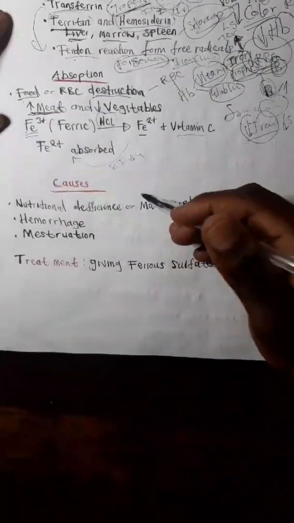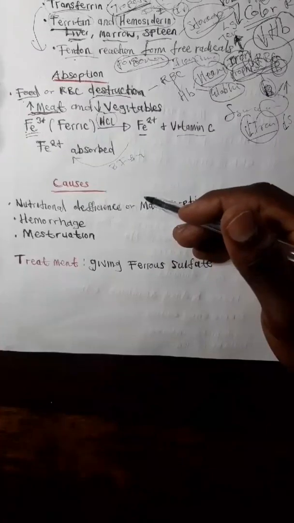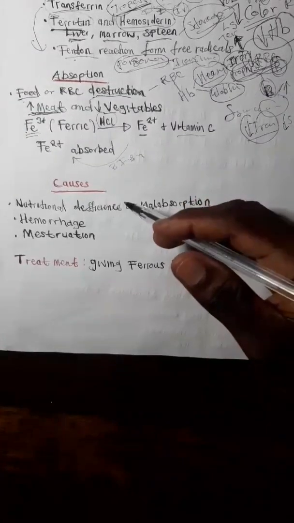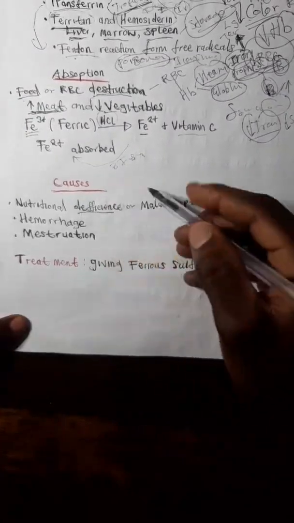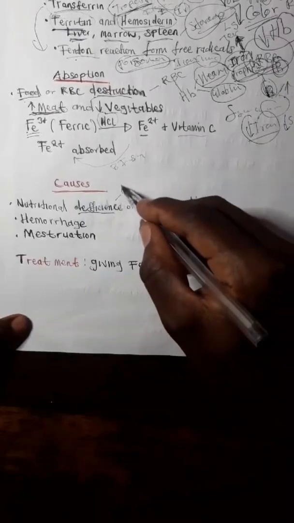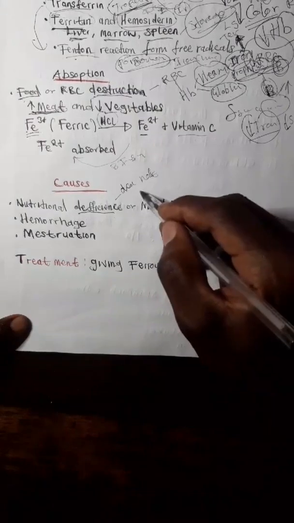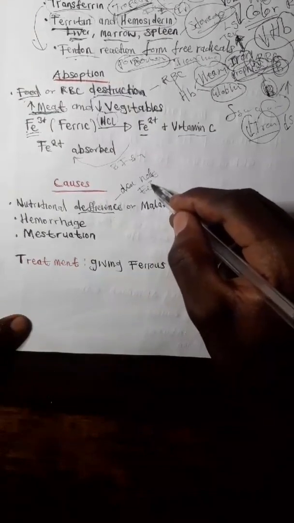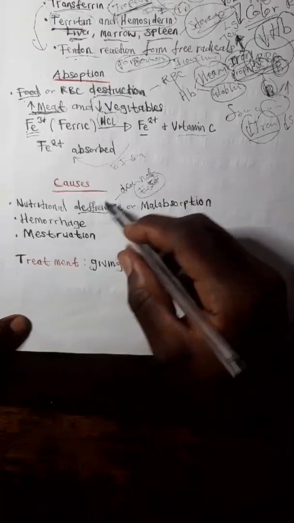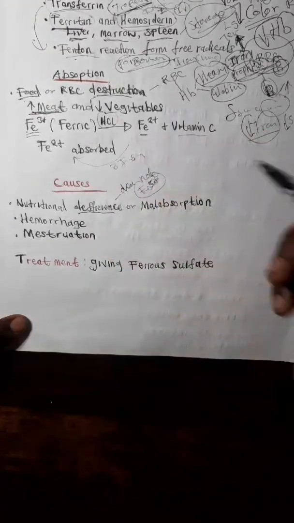Now, what are the causes of anemia? Which is the iron? The causes: nutritional deficiency, meaning a diet not rich in iron, can lead to iron deficiency anemia.